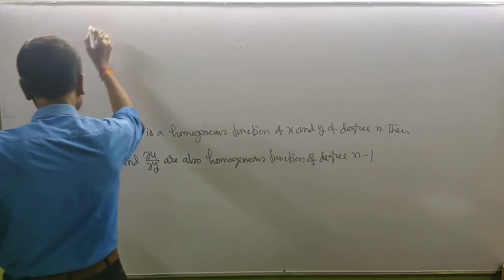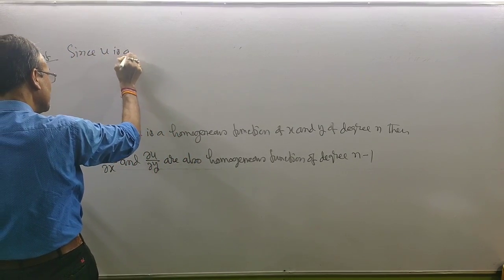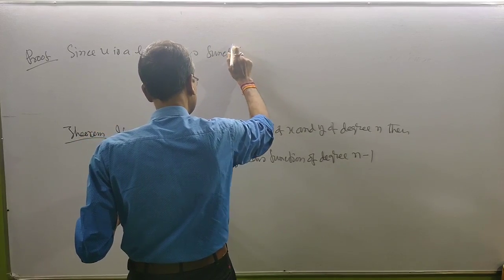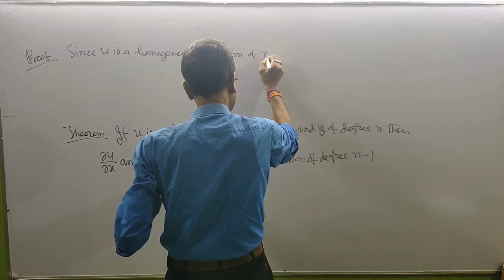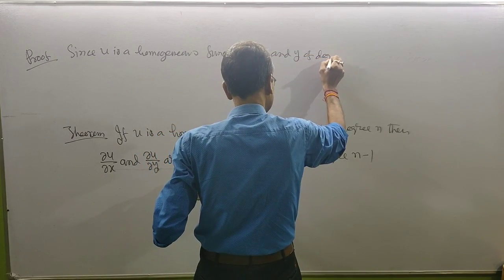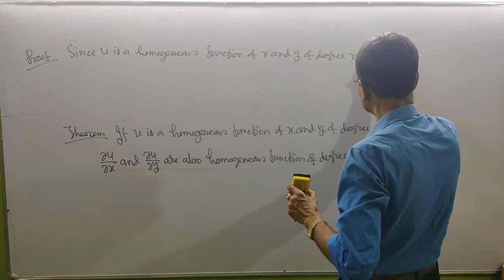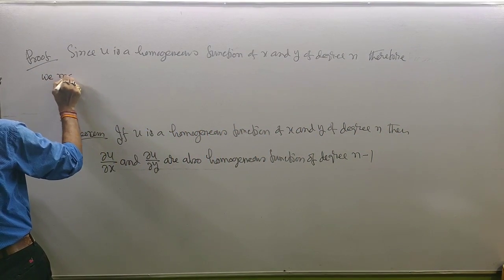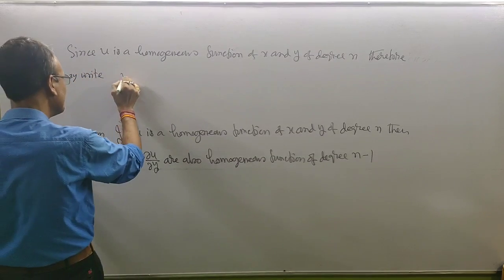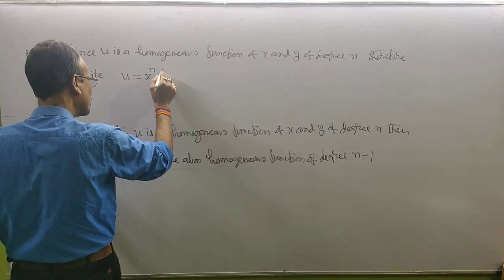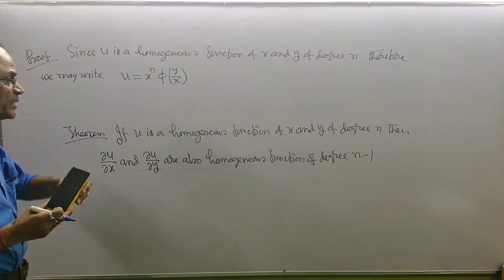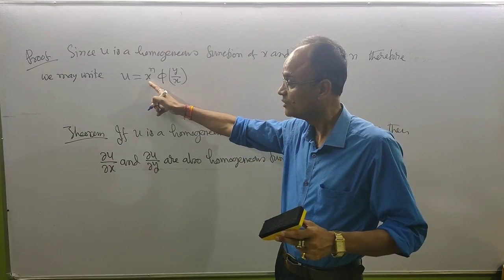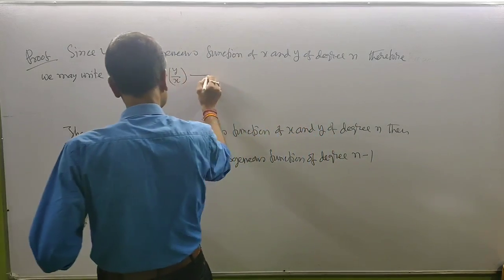Since u is a homogeneous function of x and y of degree n, you may write u equal to x to the power n phi of y by x. Suppose this is number 1.